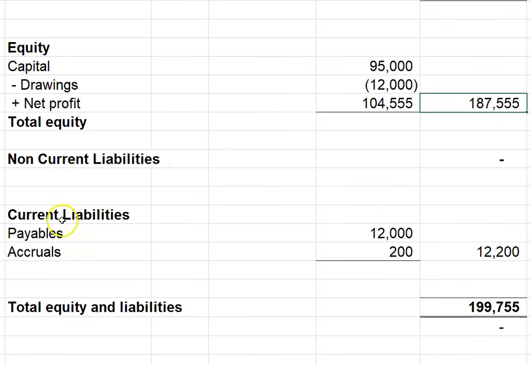Then we put in non-current liabilities and current. So non-current liabilities are those long-term loans, as an example, that would be due for more than a year away. There are none in this question. And we look for current liabilities. So always you'll have payables, and you'll have some kind of amount due or amount owed at year end.